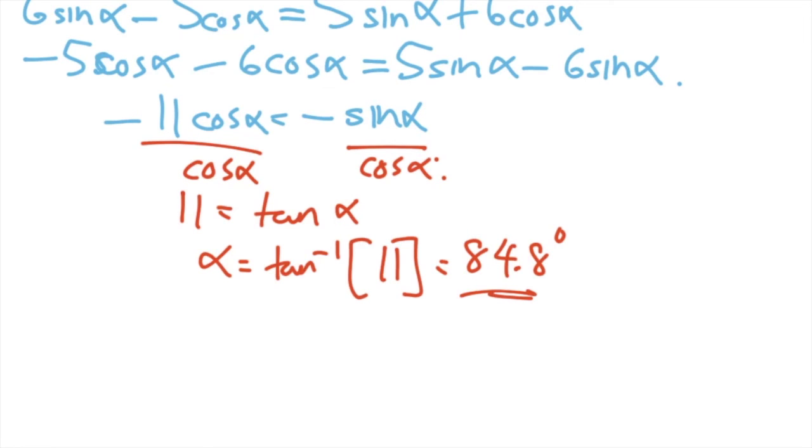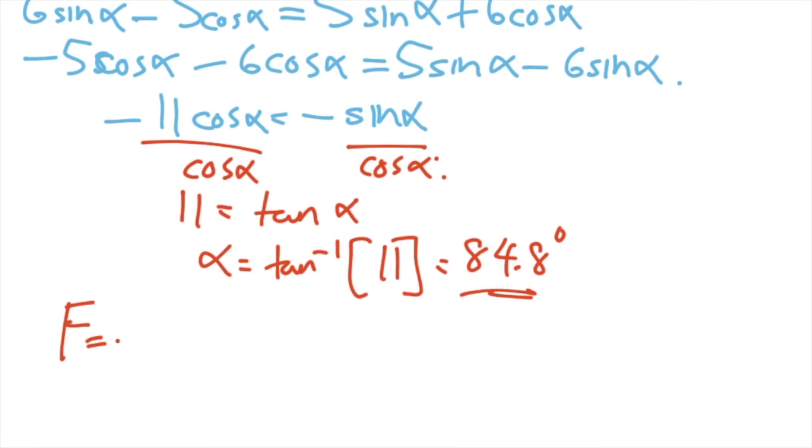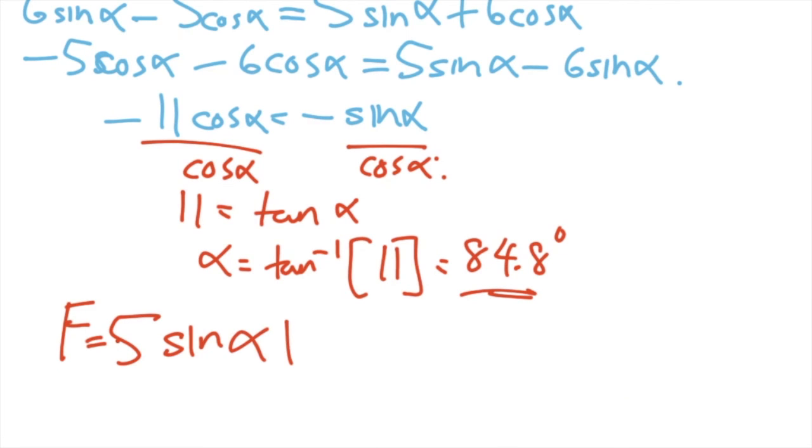Once you've got your alpha, you can find your F value. To find the F value, just take one of the equations, either y or x. So your F is, let's say, 5 sine alpha plus 6 cos alpha.